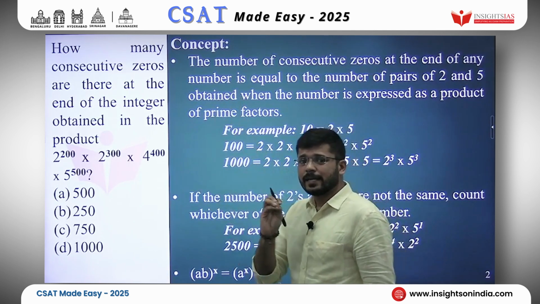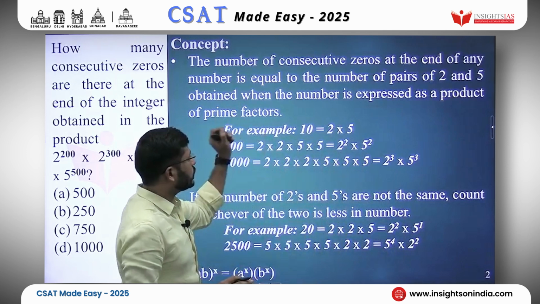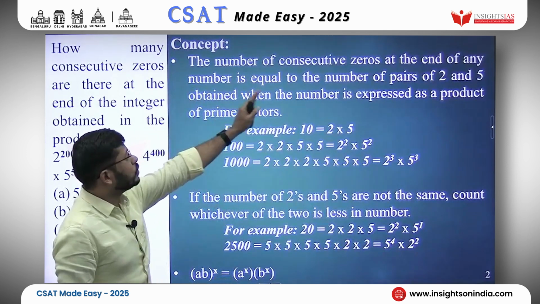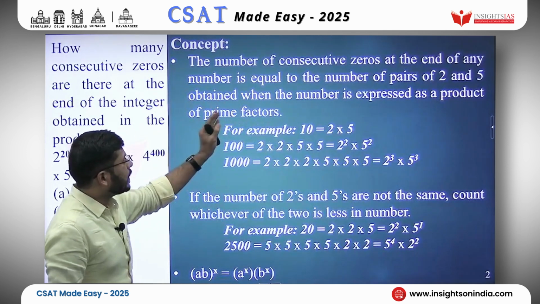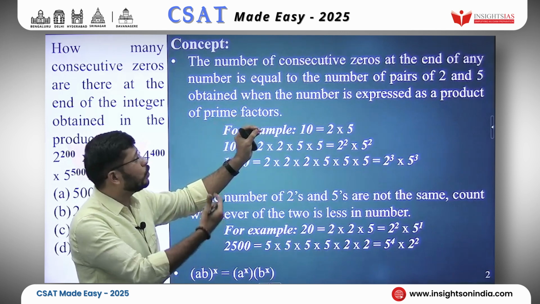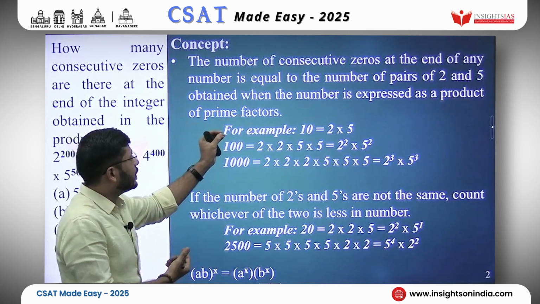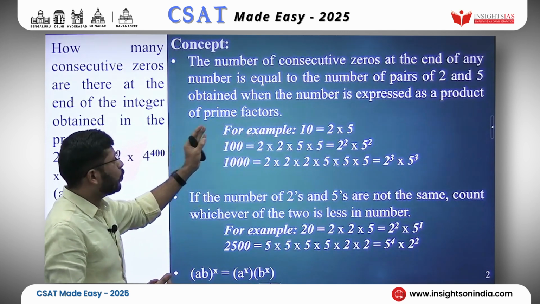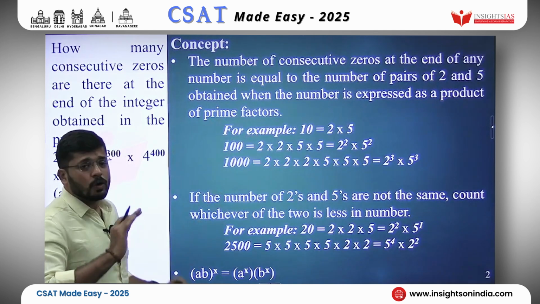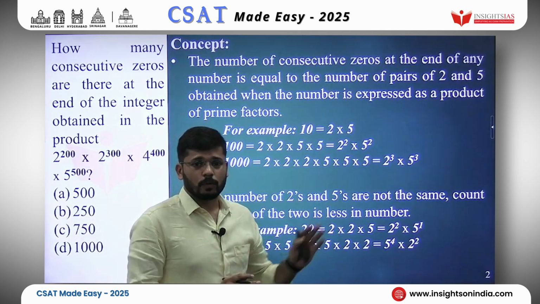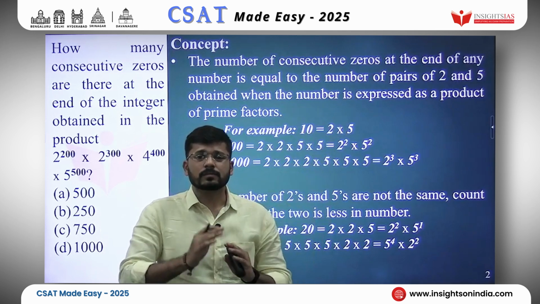Let's read the concept once. The number of consecutive zeros at the end of any number is equal to the number of pairs of 2 and 5 obtained when the number is expressed as a product of prime factors. What do I mean by this definition?